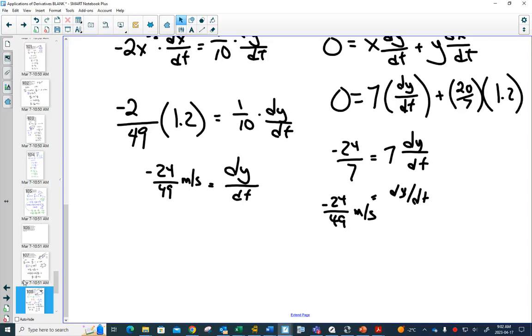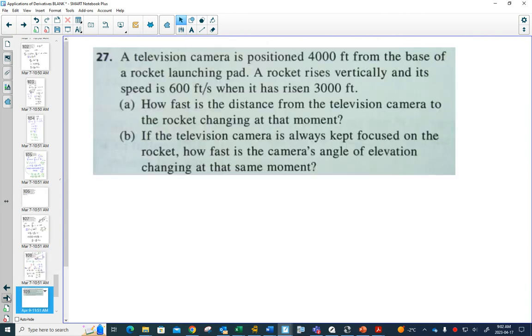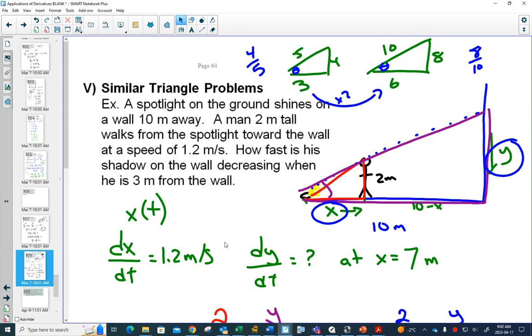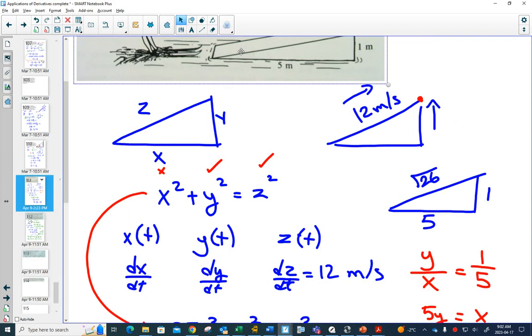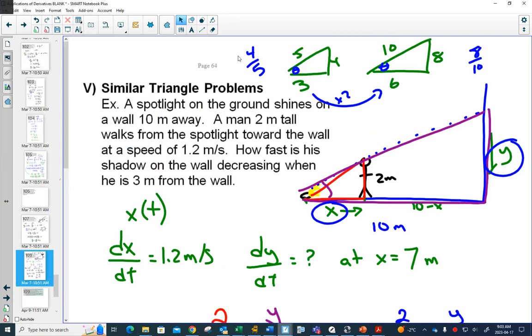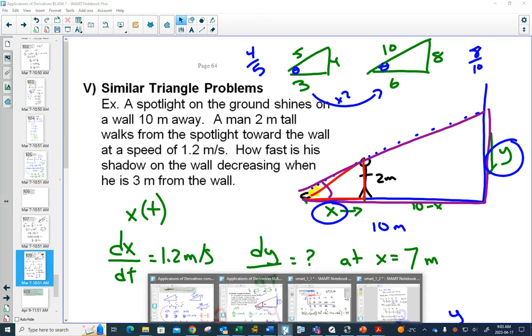And now we're going to do another similar triangle question that I stole from your textbook.